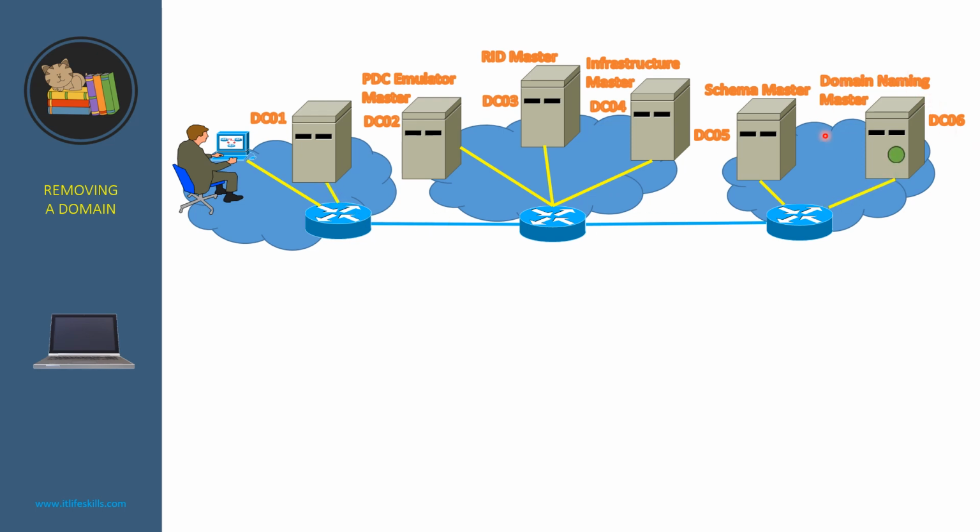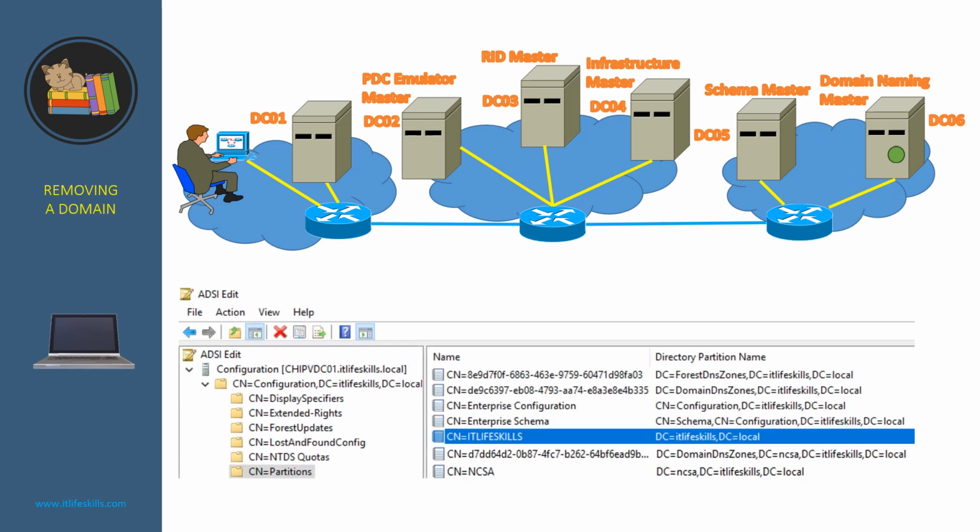The domain naming master will check in the partition container for the information of the domain. If found, it removes the domain partition and the domain DNS zones partition of the domain from the partition container and informs the DC promo process of the current domain controller to continue.